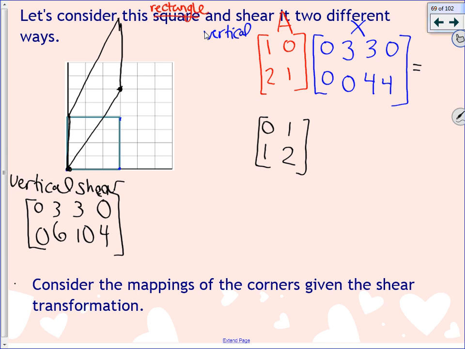But this does something bad. I just randomly assigned a value of 2 to shear it by. M can be any number.